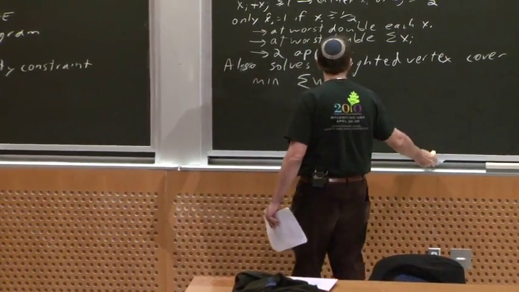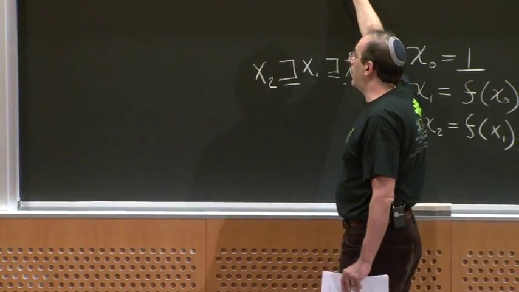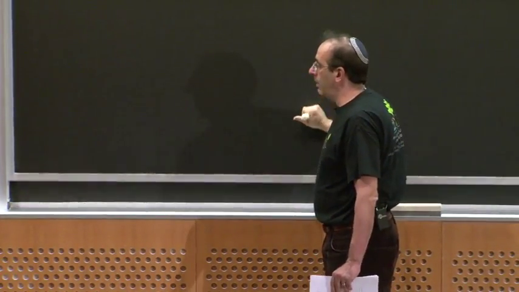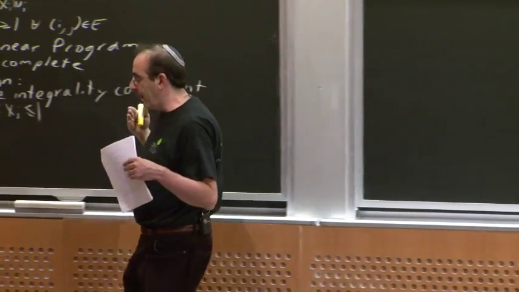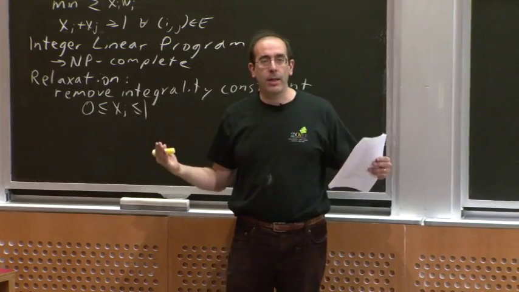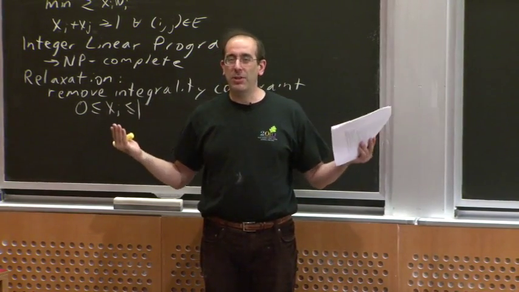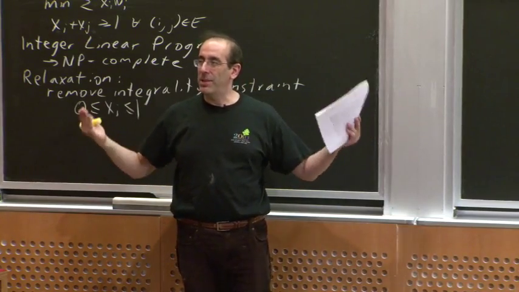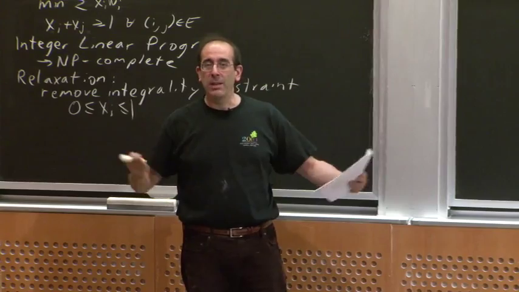So the nice thing about this approach, using linear programming relaxations, is that integer linear programming is NP complete. In other words, every problem in NP can be written as an integer linear program. Right? That's sort of the definition of NP completeness, this ability to transform between different problems.